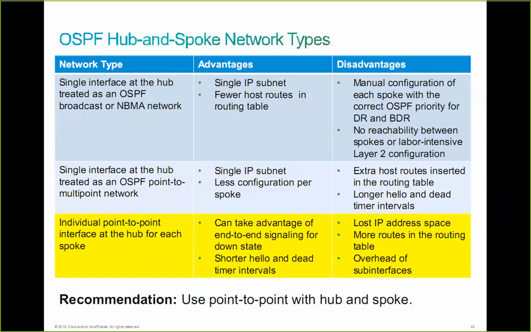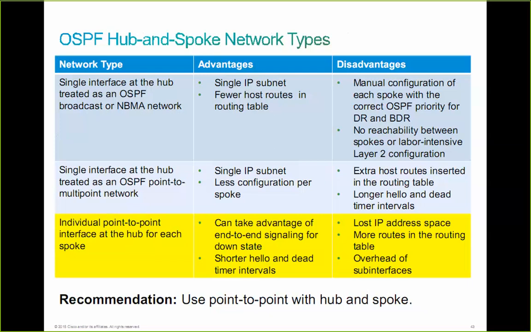Now, if I decide to implement point-to-multipoint, a single interface in a hub using a sub-interface, you can't do point-to-multipoint without creating a sub-interface. But if I do point-to-multipoint, the configuration is very simple.